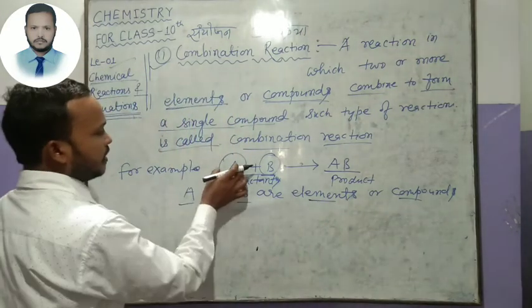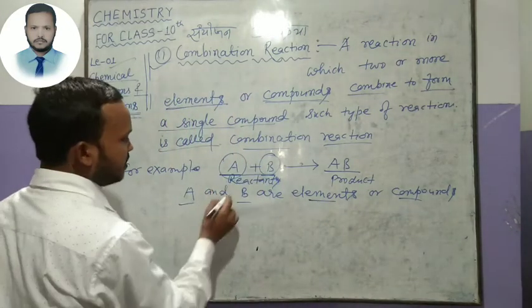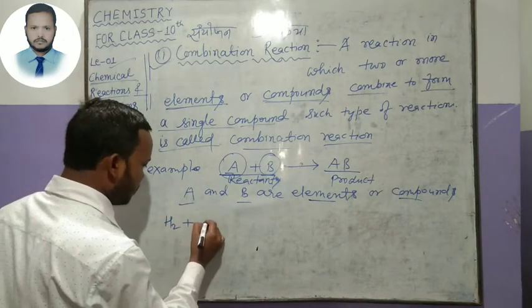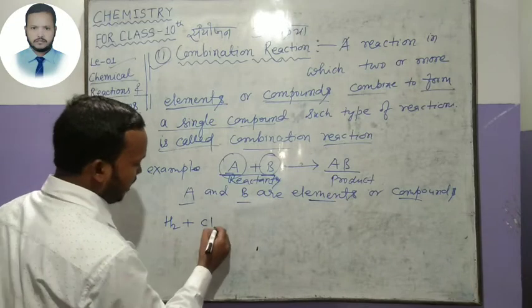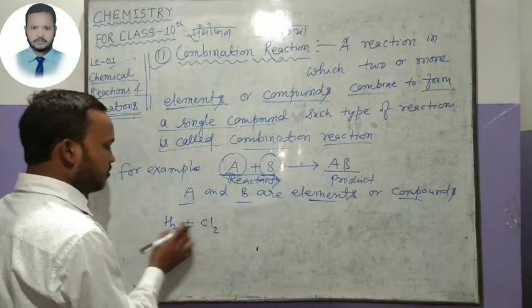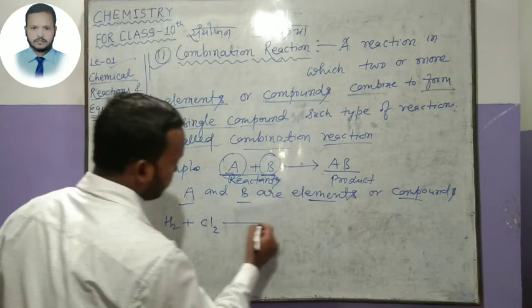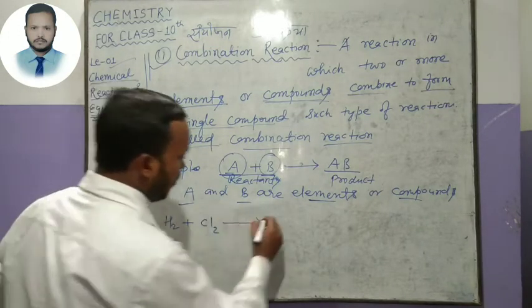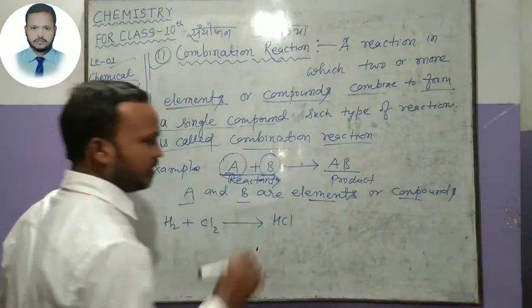Suppose A and B are elements. We can write hydrogen plus chlorine, Cl2. Hydrogen is a diatomic molecule and chlorine is also a diatomic molecule. When hydrogen reacts with chlorine, it forms hydrochloric acid, HCl.